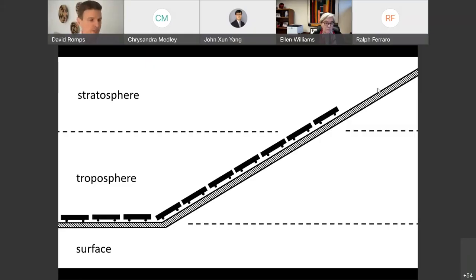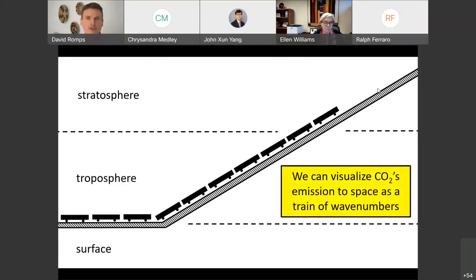So in this analogy, each train car represents an equal size set of wave numbers that share similar kappa. So each car is an equal size set of wave numbers, and we're going to be able to visualize CO2's emission to space using this train that's ascending this track up into the atmosphere.